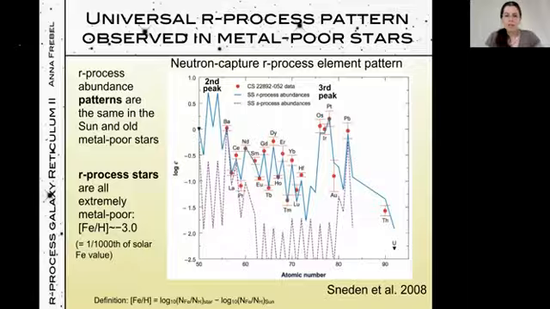You can see here in red the first very famous R-process star, CS 22892-052. The red points overlay with the blue curve pretty well. The blue pattern is not a fit to the data; it's just overlaid to show that the stars always have this kind of pattern.